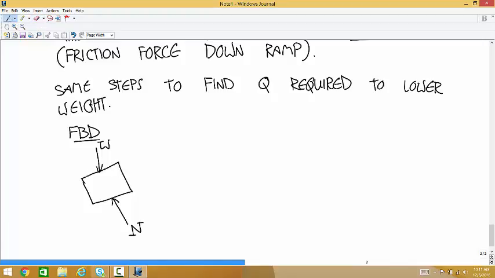Now we're moving down the ramp, which means the friction force is up the ramp. And in order to get this moving down the ramp, we need our Q force to go the opposite direction.